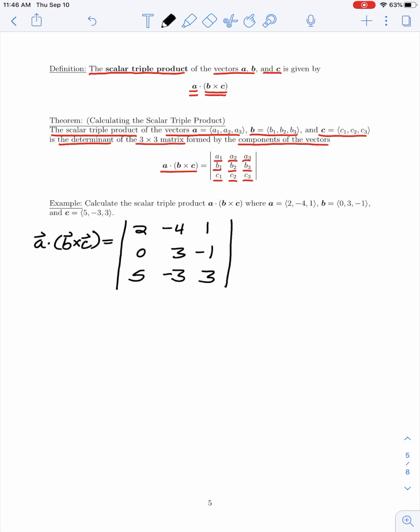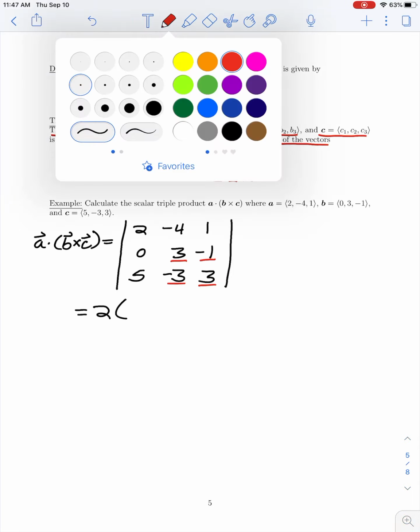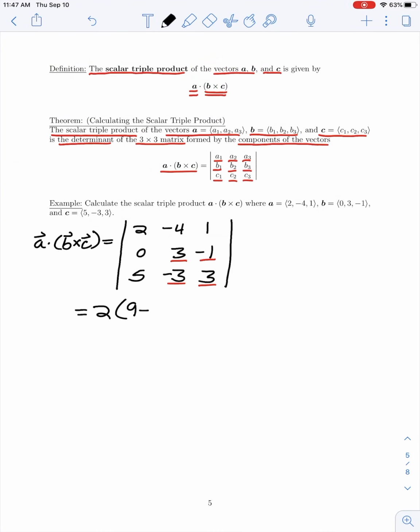So taking the determinant of this 3x3 matrix, we would have the entry 2, our first entry along the first row, times the determinant of the 2x2 submatrix I get by deleting that first row and first column. So for that determinant, I would have 3 times 3, which is 9, minus -1 times -3, which would be +3. So that is 9 minus 3.